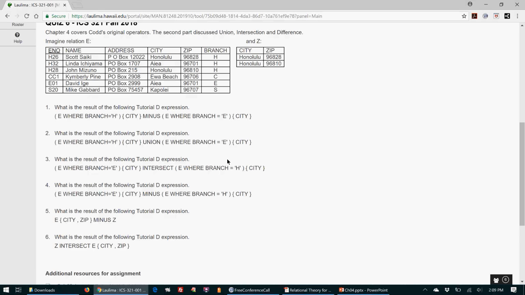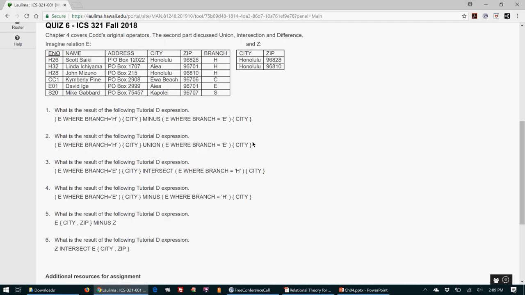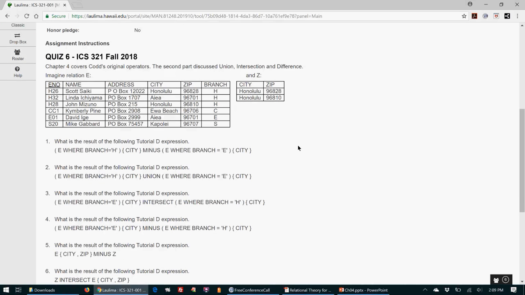So anyway, that's the reason for learning this particular language. Every database class has a particular theoretical or academic language that it uses to teach the concepts, and Tutorial D is this one.